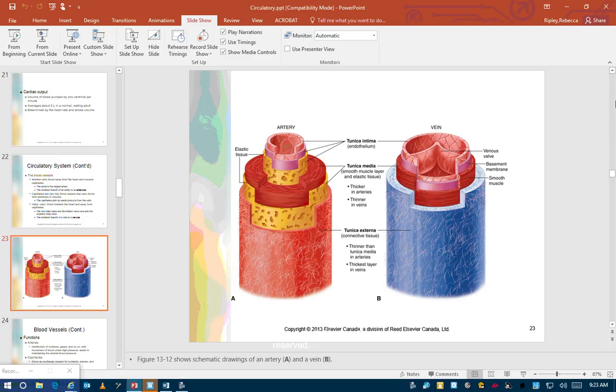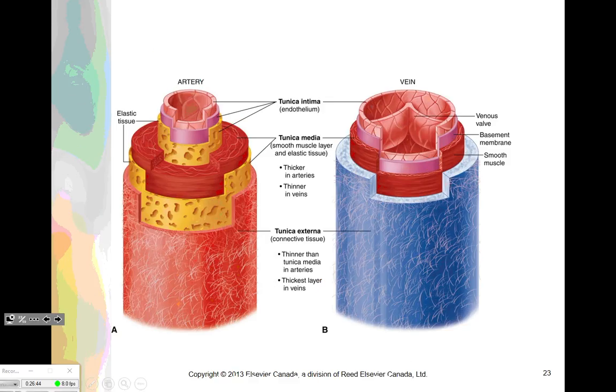So this is a picture that shows some of what I was just talking about. The artery has a thicker wall, which is protective because it has high blood pressure in it, and the vein has a thinner wall. In this picture, you can see the valves.